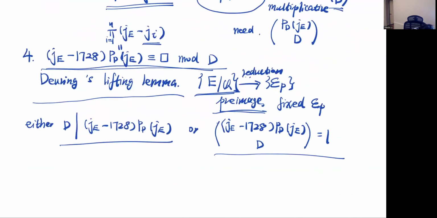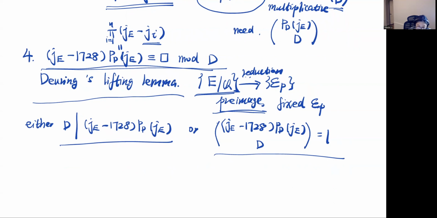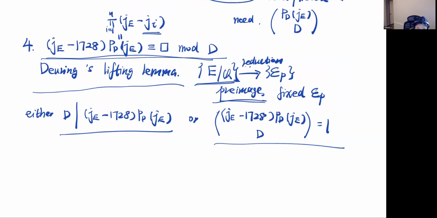So recall that for any P dividing J(E) minus 1728, we know that minus d over P. Okay, so we get this. Either one of these two conditions is true.